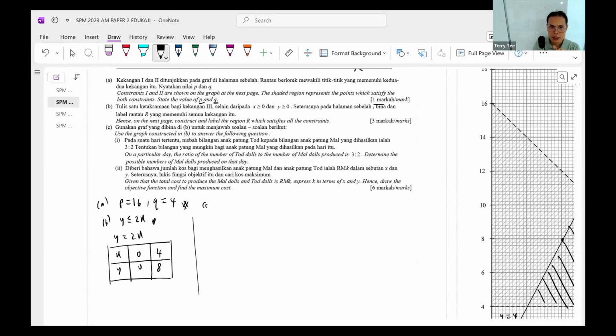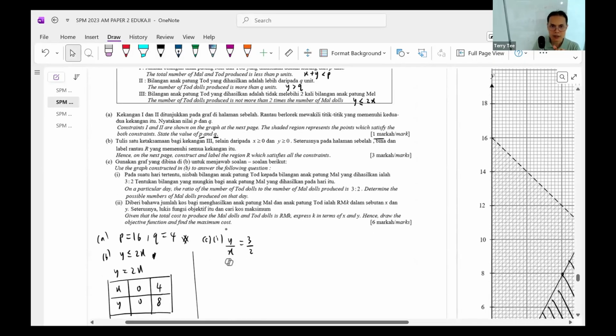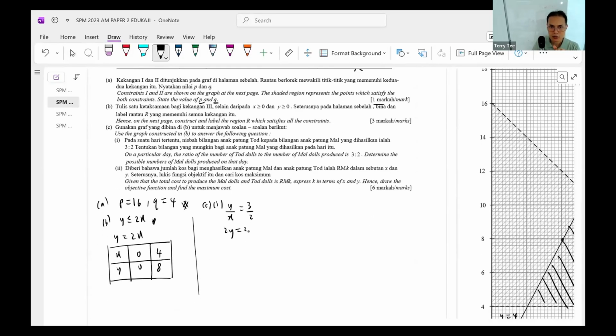So we say hot is y, mole is x, 3 is to 2. I'm just changing from ratio to proportion. Can we cross multiply? You can write 2y equals 3x. So determine the possible number of mole doll produced that day.